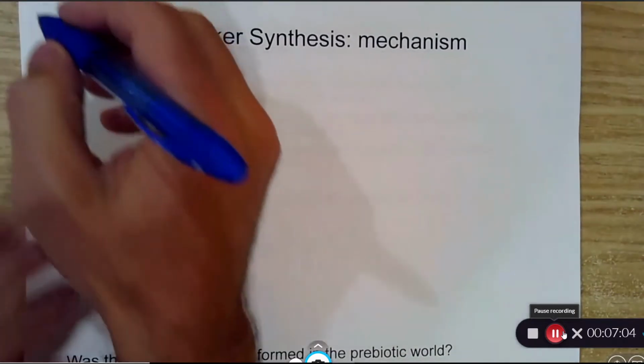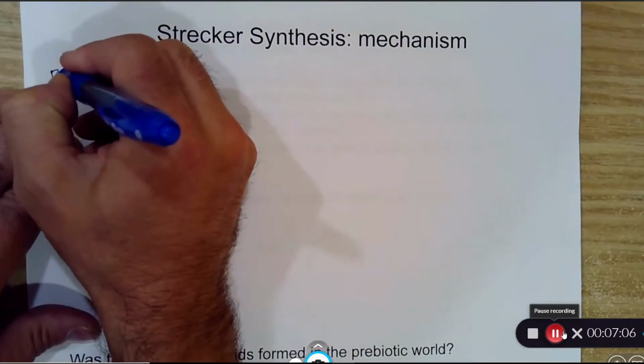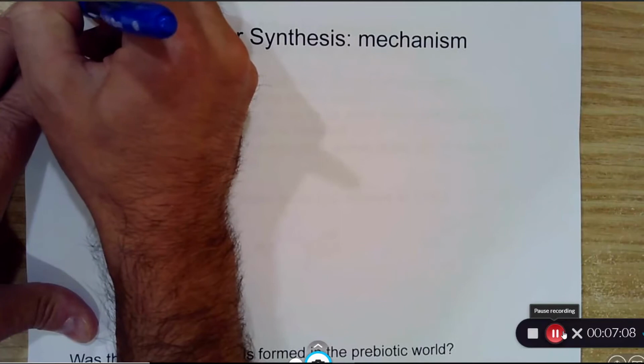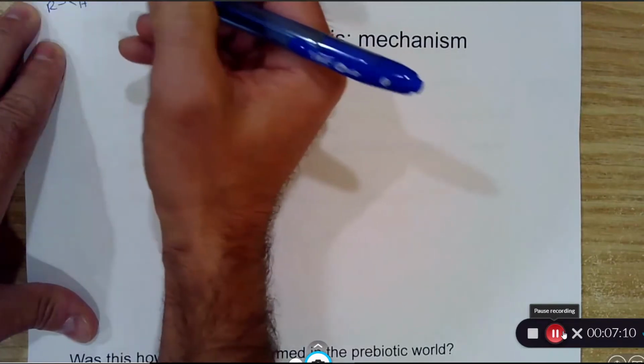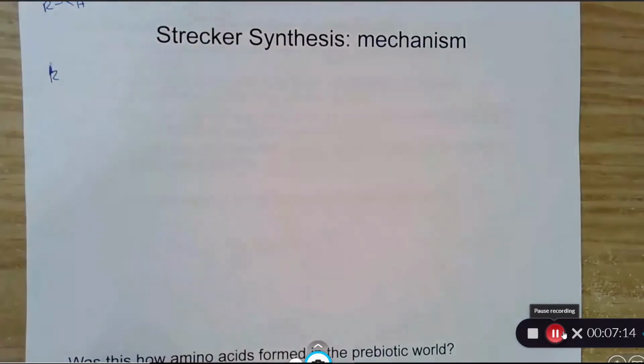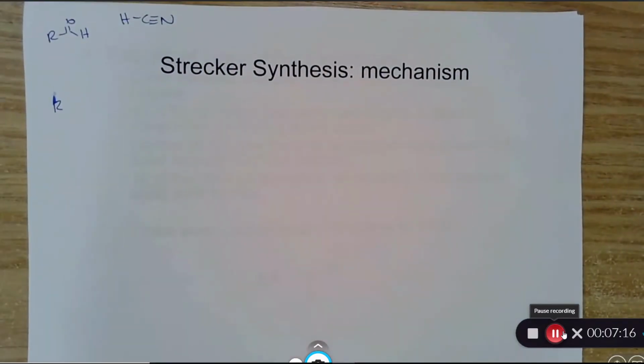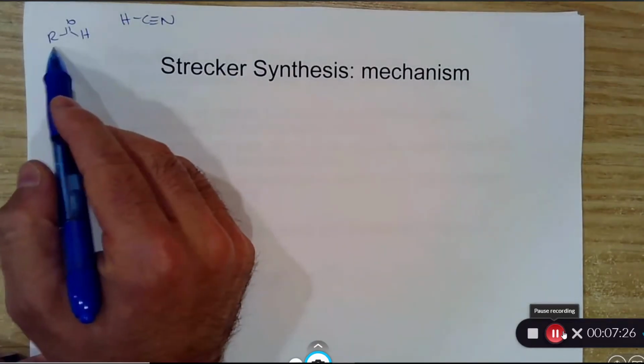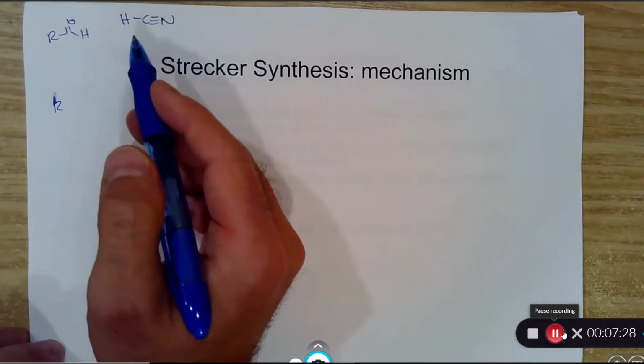And what this is going to look at is taking some type of aldehyde, and remember we have generated hydrogen cyanide from that experiment, and we're going to see how these molecules can come together to generate amino acids. Okay, so here you have an aldehyde and hydrogen cyanide.